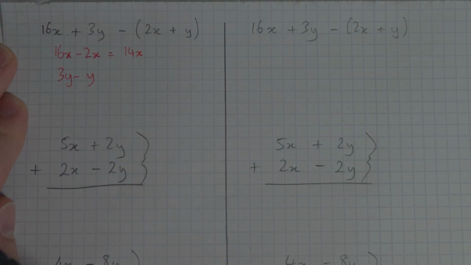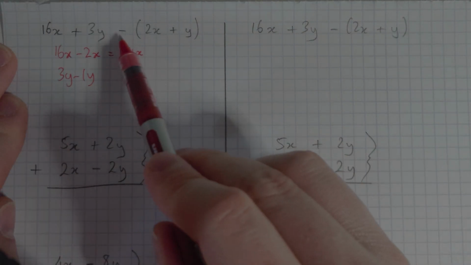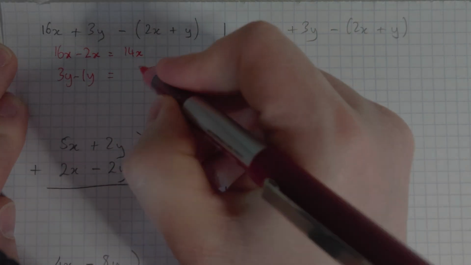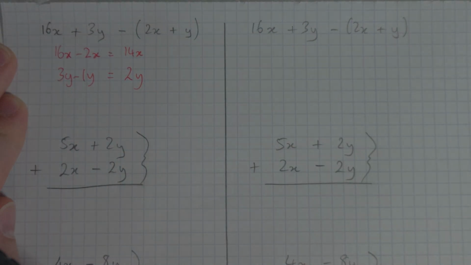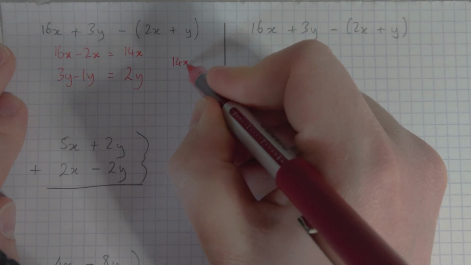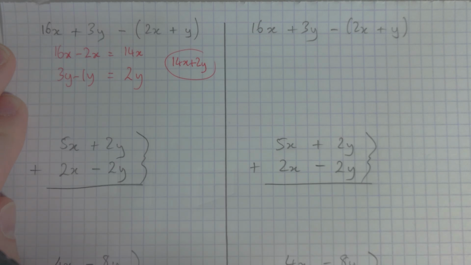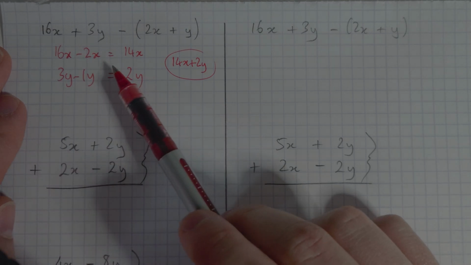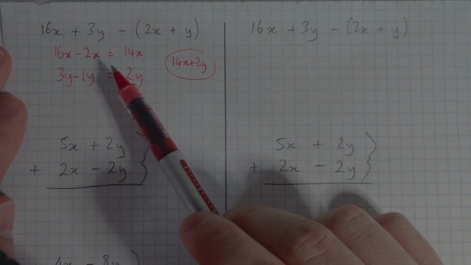You can write that with 1 if you like, because remember I'm taking away everything that's in here, and you should know that 3y take away 1y is 2y, positive 2y, so the final answer is 14x plus 2y. That's my final answer to this first question here, and I've laid it out in such a way to make it look like the early questions in question number 2.